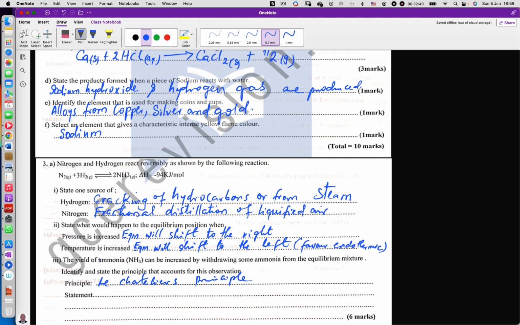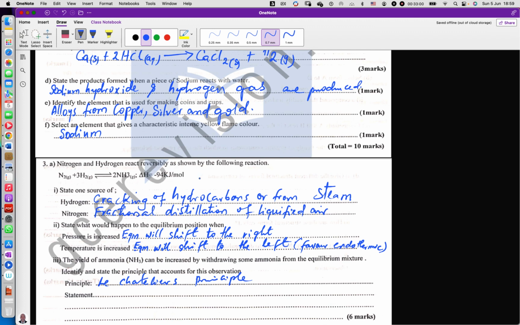Now, 3. The yield of ammonia can be increased by withdrawing some ammonia from the equilibrium mixture. Of course, ammonia is usually withdrawn. If ammonia is not withdrawn, as time goes on, what happens?